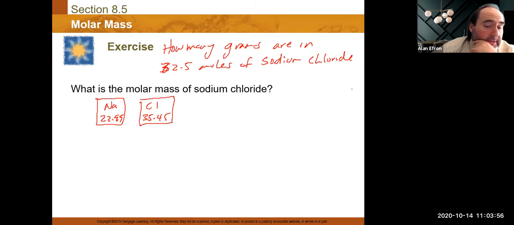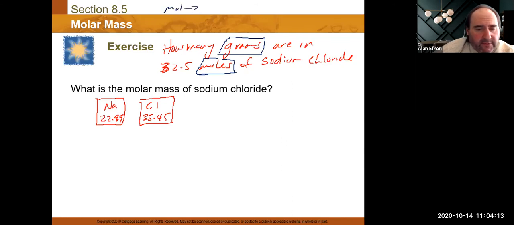Okay, so let's take a look. In my made up question here, we want to know how many grams there are in 32.5 moles. So we have grams, we have moles. We don't have anything to do with atoms, molecules, or anything like that. So we really want to go from moles to grams. The molar mass is what we want to use to calculate that.